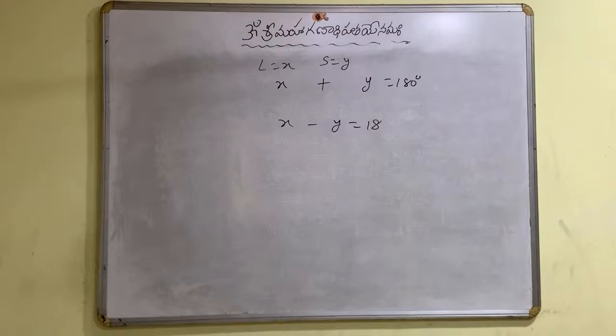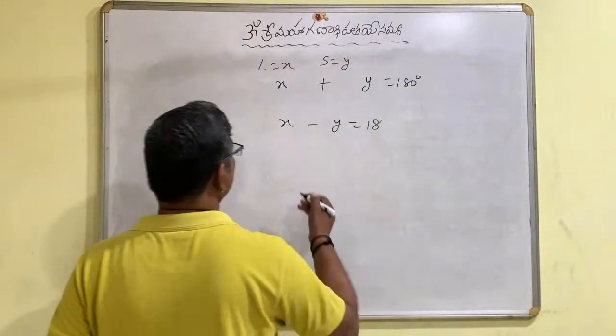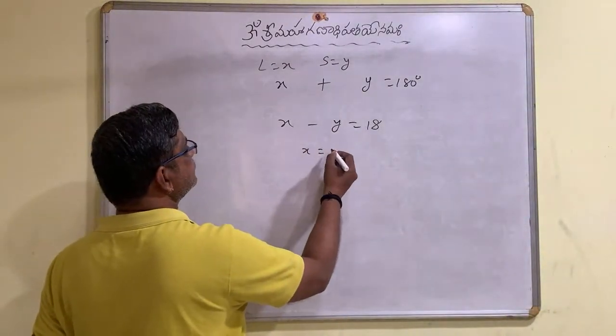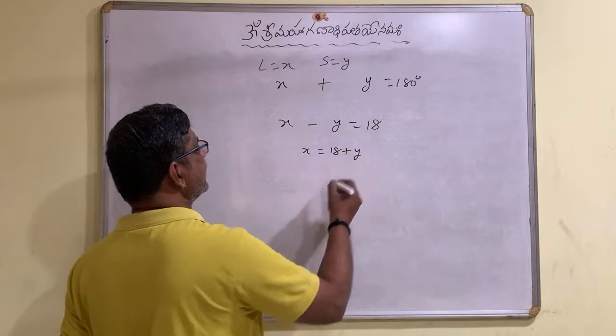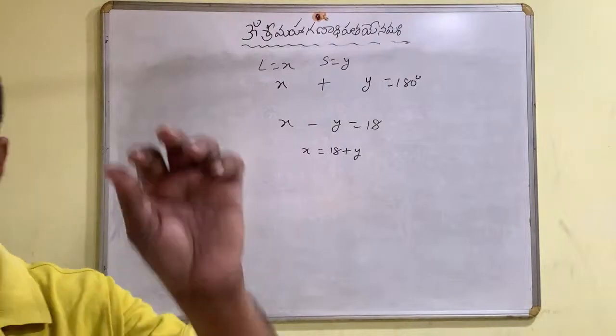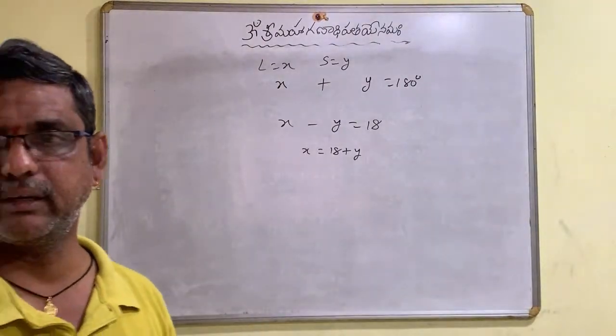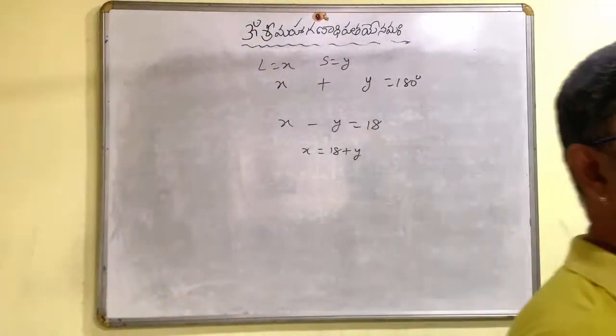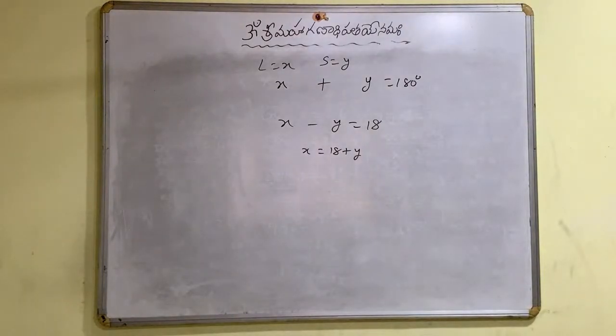So which one we will select? Second equation. Okay. But Aniket told first. Go ahead with the second one. Replace x with 18 plus y in the first equation and simplify.